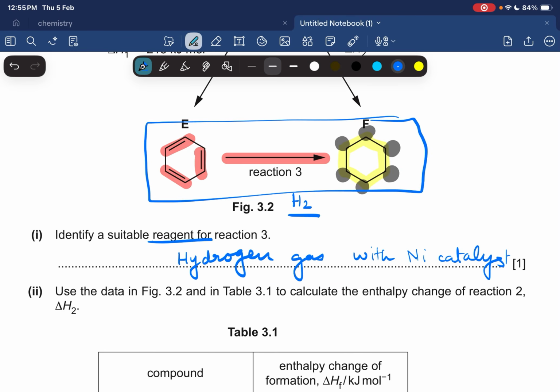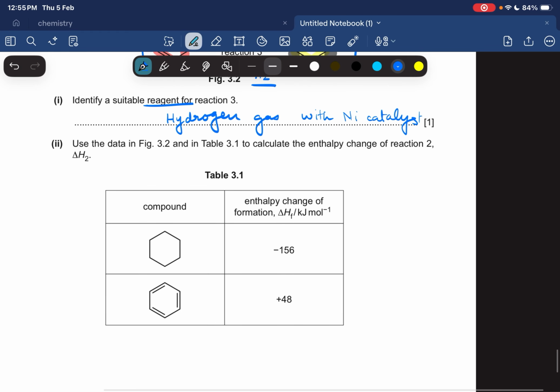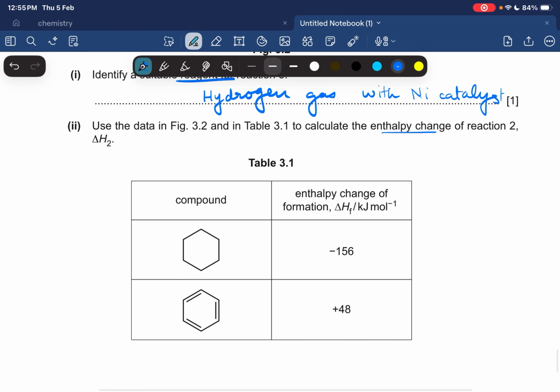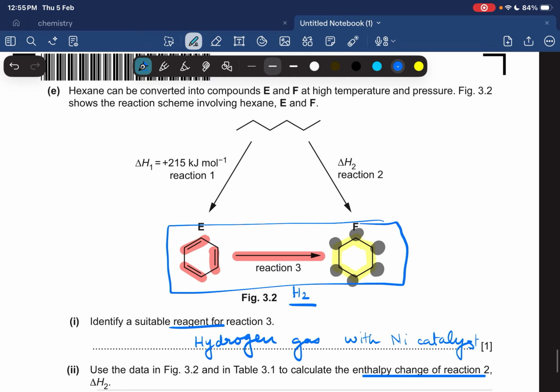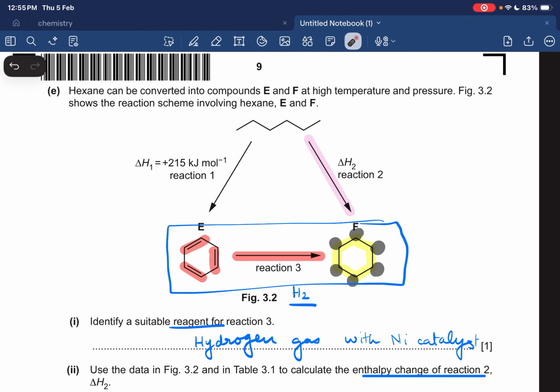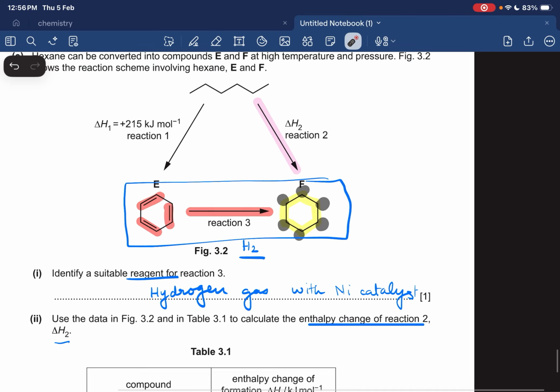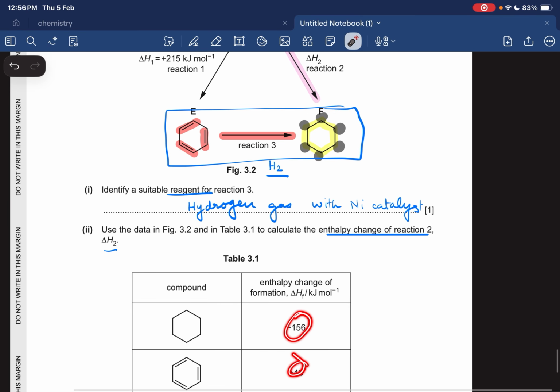Okay, use the data in figure 3.2 to calculate the enthalpy change of reaction 2, delta H2. So we have to calculate the enthalpy change for this reaction, right? Reaction 2. For that, we've got to figure out the enthalpy change for reaction 3, because we have the enthalpy change for reaction 1, but not for 3. So how do we figure out for 3? We have the delta H of formation of this thing and this thing.